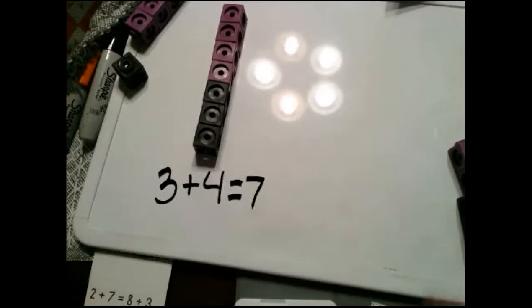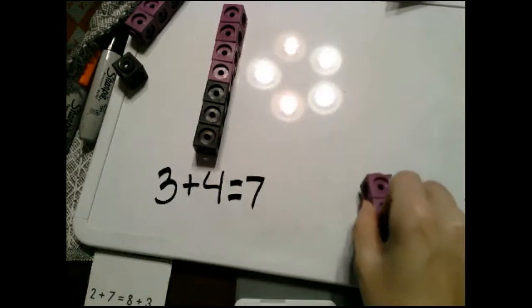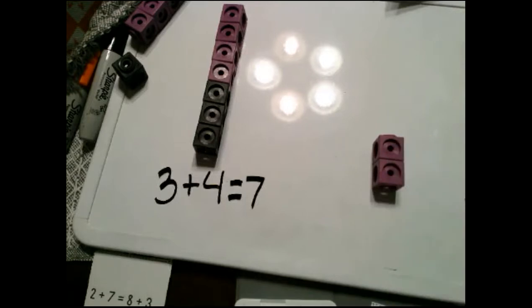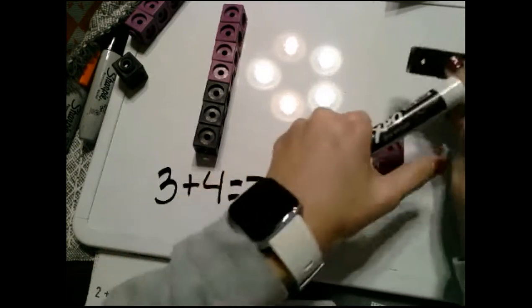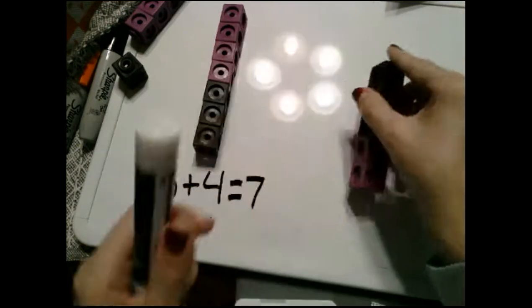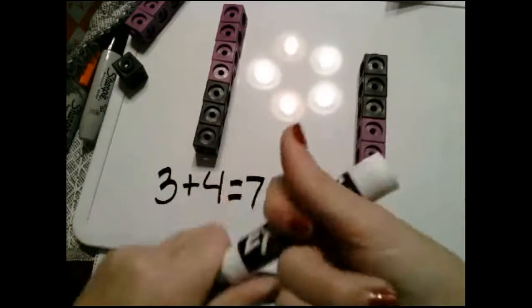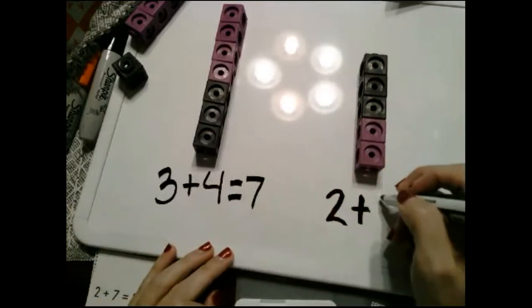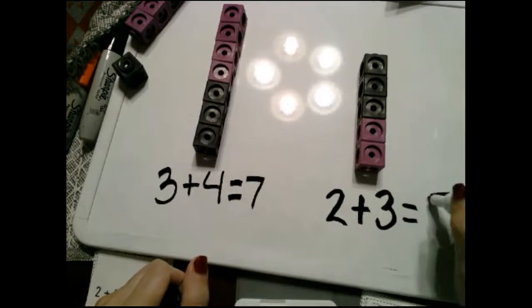Let's look at another one. We know that Kim had 2 cubes, 1, 2, and 3 cubes, 1, 2, 3. So I'm going to go ahead and link those together. How many cubes would that be if Kim had 2 plus 3? That's right, there would be 5.